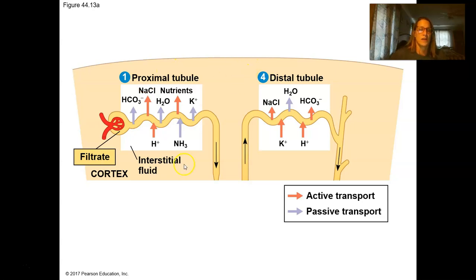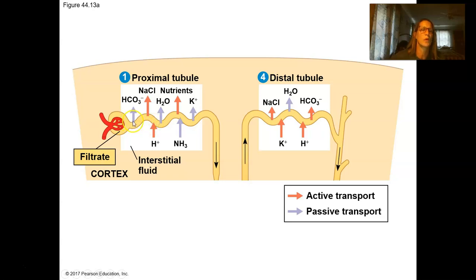So in the cortex, you have both the proximal tubule and the distal tubule. They're on the opposite sides of that loop of Henle I was talking about. You've got the filtrate coming out of the glomerulus. You've got active transport into the capillaries of salt and nutrients like glucose. And you have the active transport of hydrogen ions into the tubule from the capillaries.